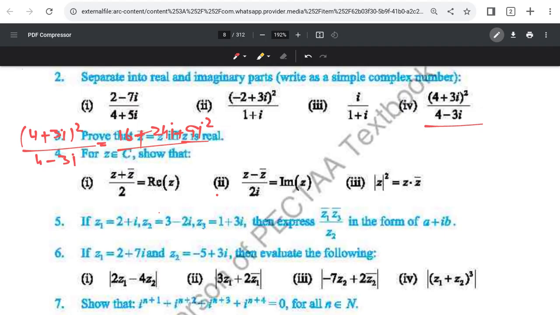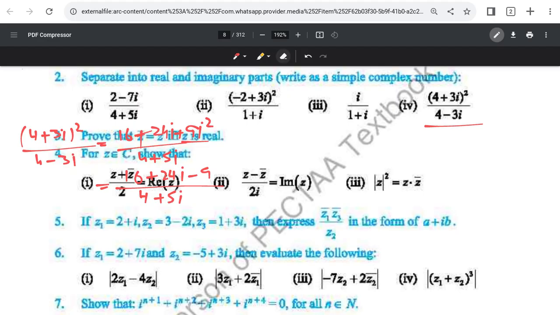Then the denominator, 4 plus 5i, remains the same. Then we have 16 plus 24i minus 9, because i² is equal to minus 1, and the denominator remains the same, 4 plus 5i.